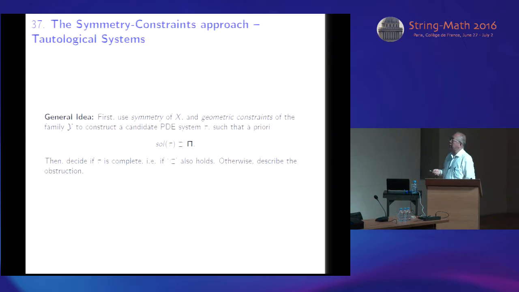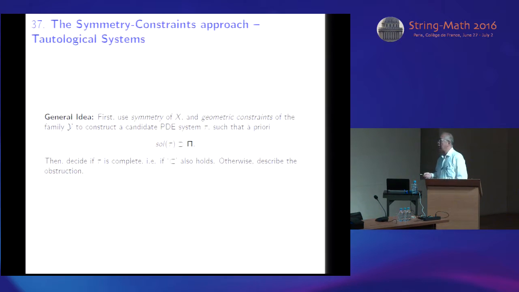So the basic principle is to use the symmetry of X, of the manifold, and the geometric constraints of the family to construct a PDE system, which we call a tautological system, such that the solutions of the system include the period sheaf. So the period sheaf would automatically solve the system, which we call tau.